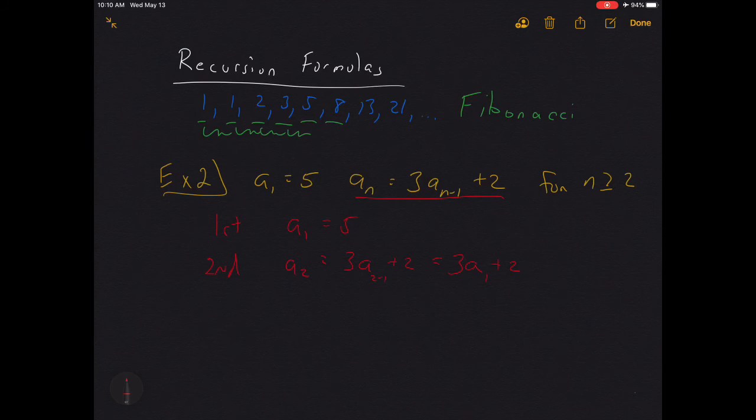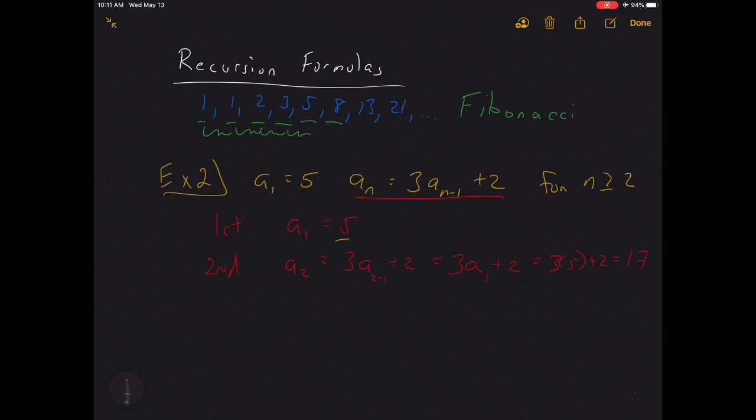A sub 1 is what I had from the previous answer, that's 5. So it's going to be 3 times 5 plus 2. 3 times 5 is 15, plus 2 is 17.